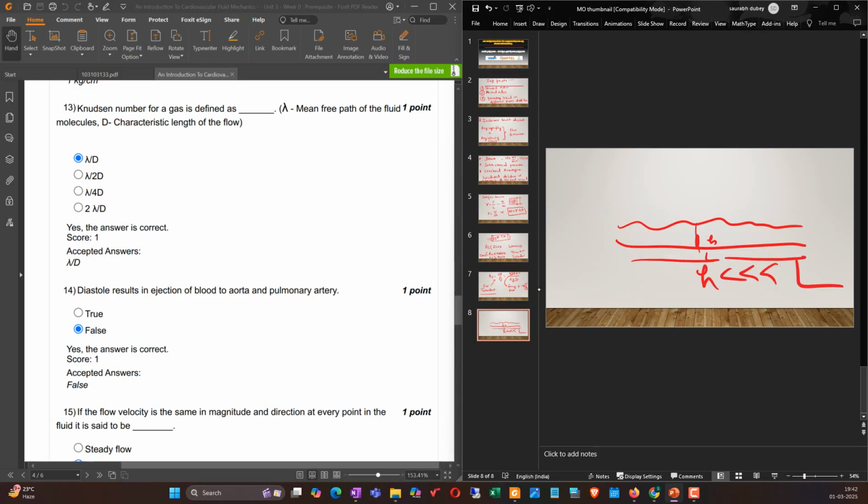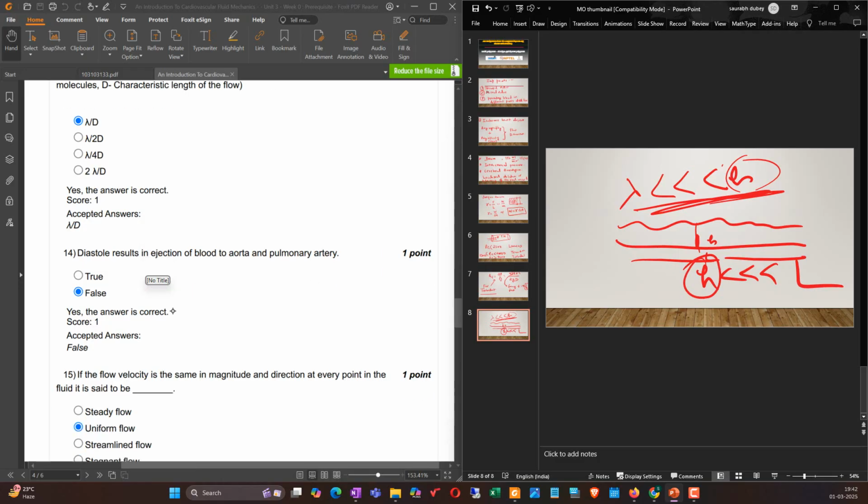And this thickness H is far less than lambda, or very far greater than lambda. So in that case, your height is very small compared to the distance D.